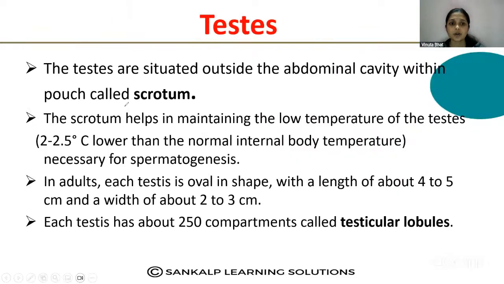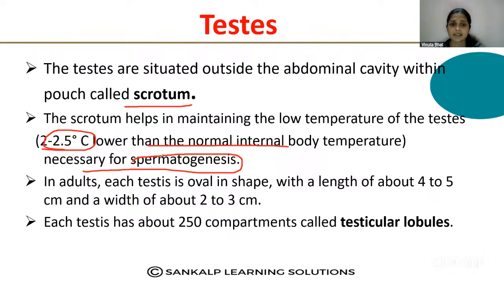The scrotum maintains a low temperature, around 2 to 2.5 degrees Celsius lower than the normal body temperature, which is necessary for spermatogenesis.